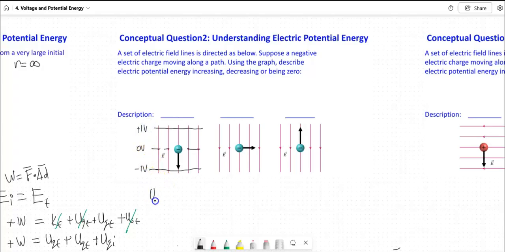So the electric potential energy acting on this negative 1Q is going to be, here's the basic equation right here, which is voltage times the negative Q, and remember voltage is negative E dot R.